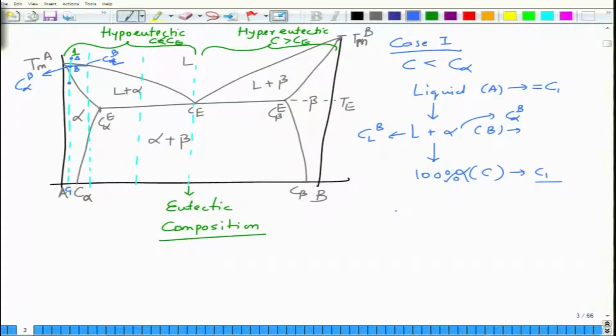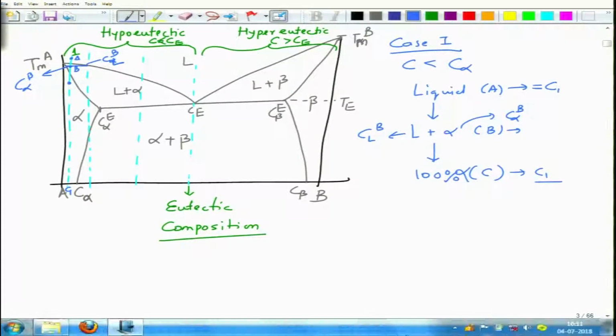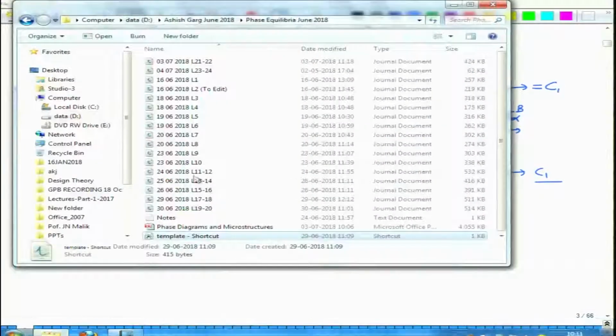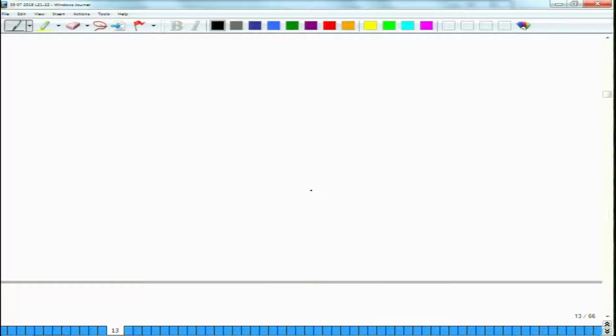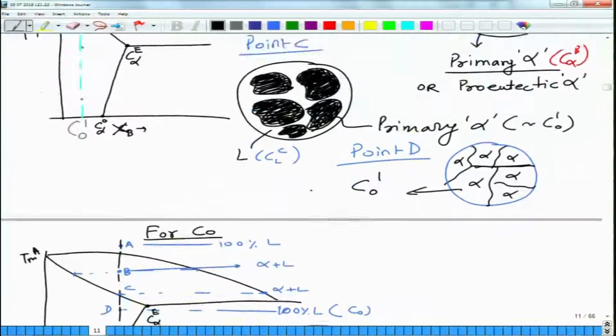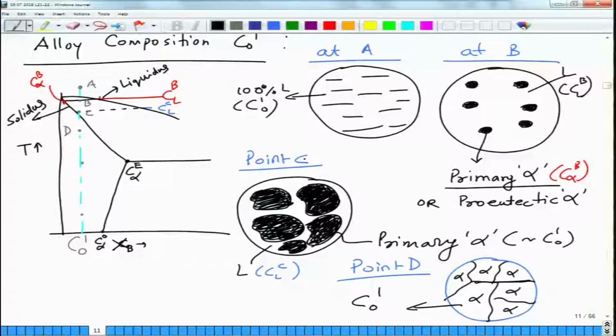If I go to the previous lecture, the microstructure went from 100% liquid to some alpha at point B, and its composition is different.